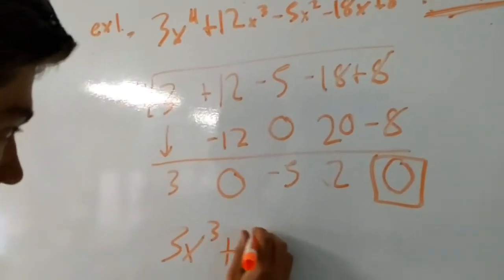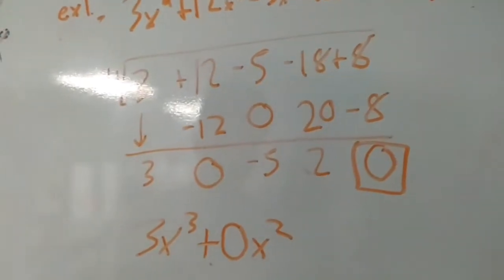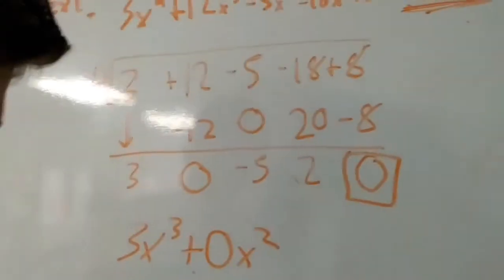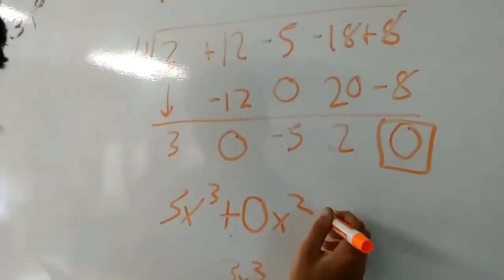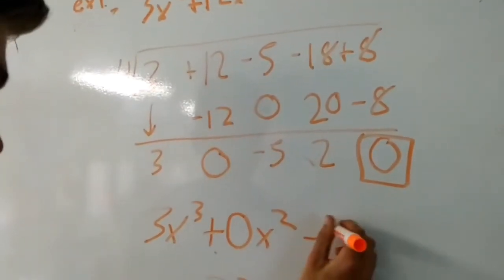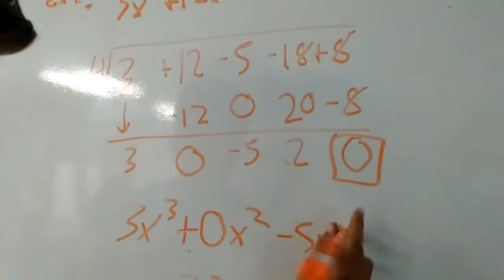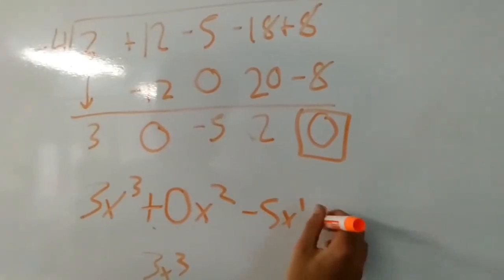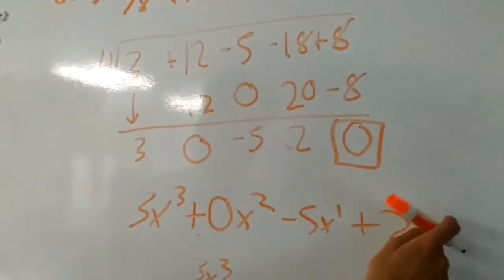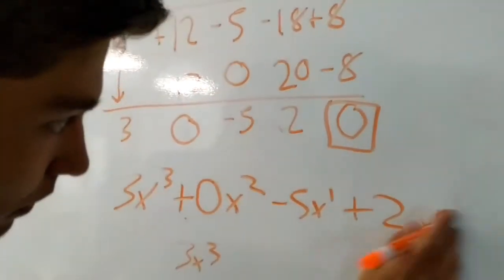This could just be left out of the equation, and we'll show you both ways. And then minus 5x to the first, which could be left out, the 1. Plus 2 without an x, because if you go all the way down, you can't have an x to the 0.